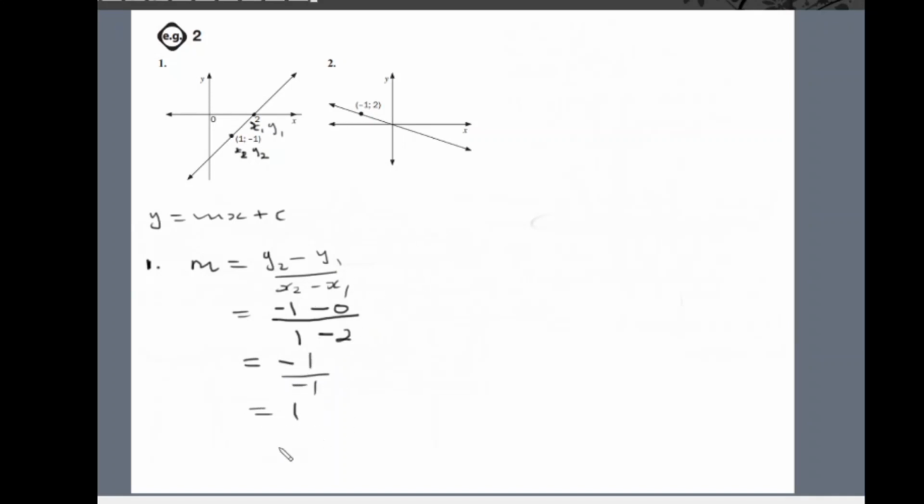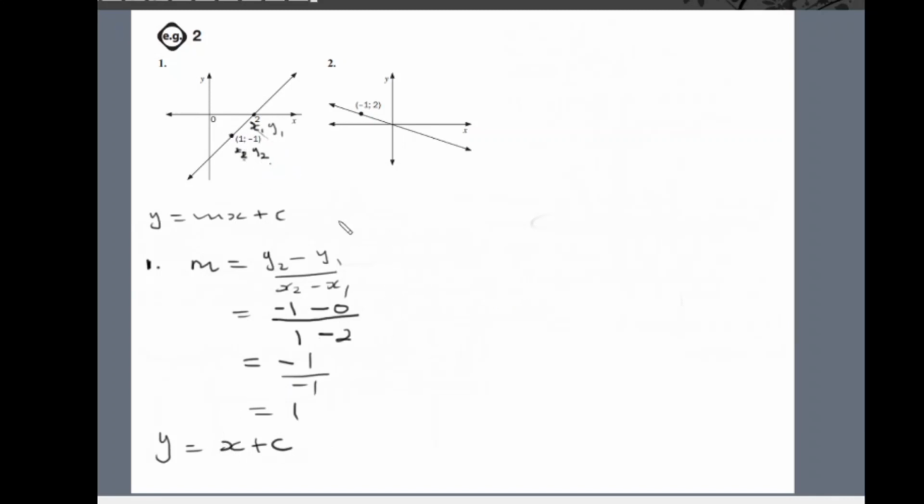And then the next step is to substitute the value of the gradient into my equation. So I will have y = x + c. The next step is to calculate the value of c. To calculate the value of c, I'll just pick a given point in this graph and substitute it in this equation.